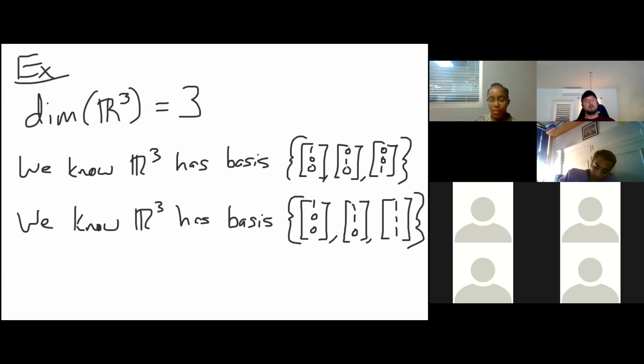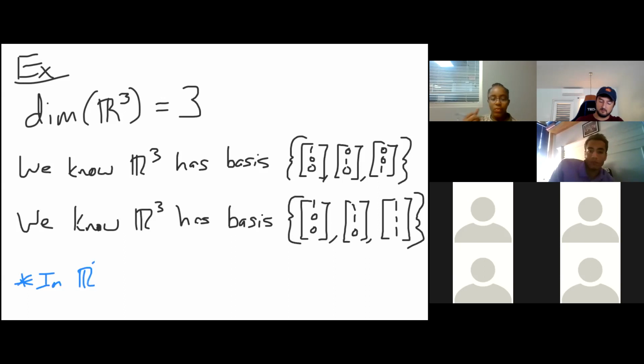But hey, conveniently look at how many vectors there are in there. There's 3. So in R3, we can already kind of see, and this is what we were talking about after Nabari's question, right? In R3 for a set of vectors.